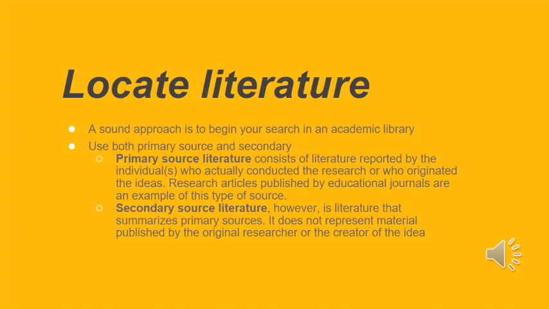The next step is to locate literature. A sound approach is to begin your search in an academic library. For in-depth information about searching in an academic library, I'm going to talk about it at the end of the slides.